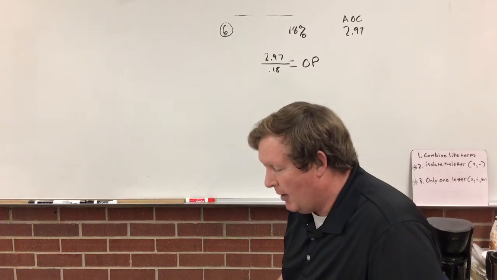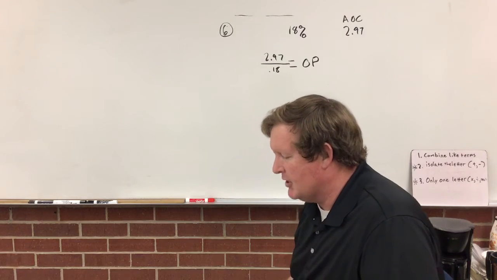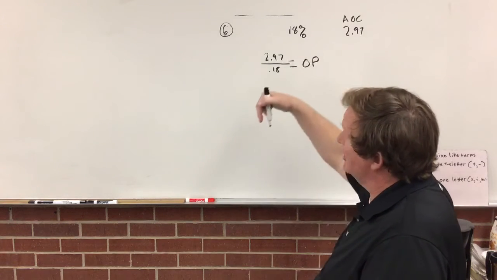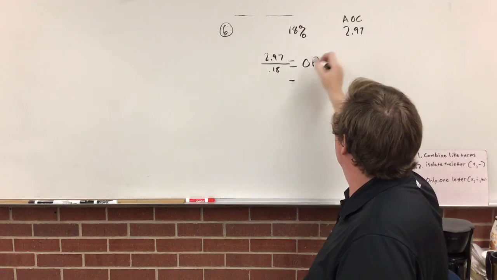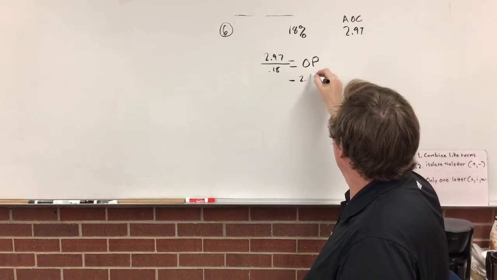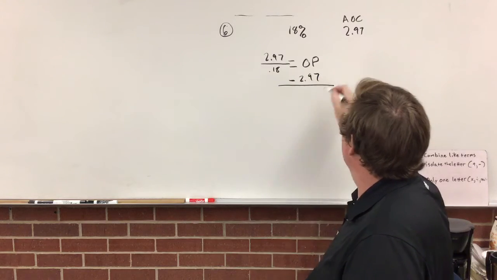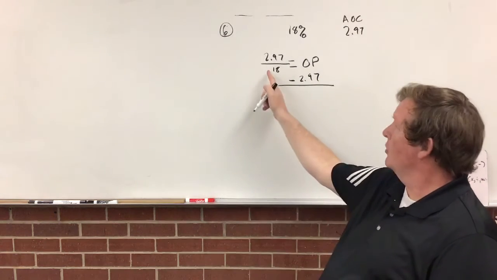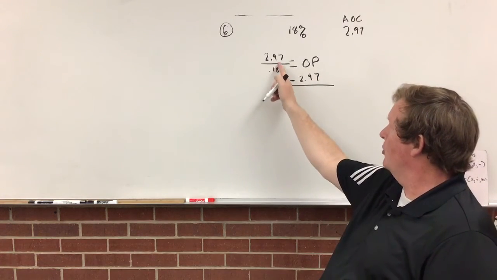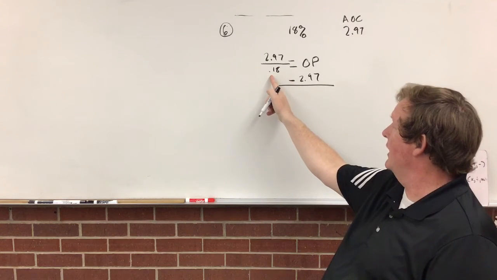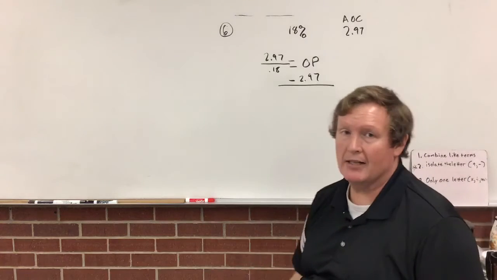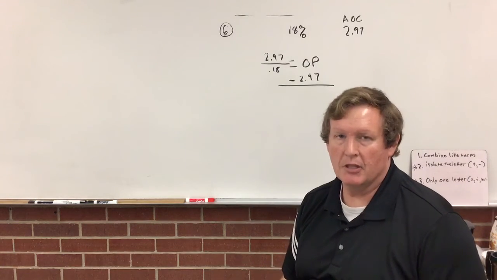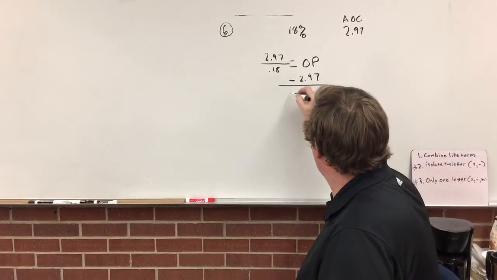Now, our problem said 18% less than, that means a discount. So once we find our original price, we're going to subtract the amount of change from that. So we do this part, 2.97 divided by 0.18, get the original price, and then subtract the amount of change, and that would give us our new price.